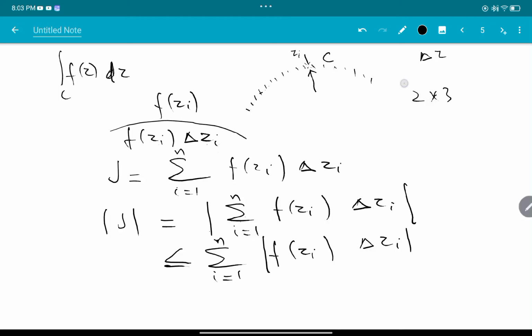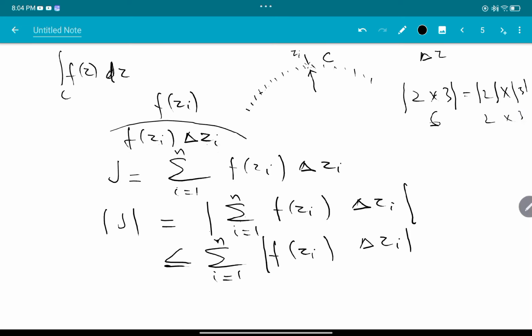Okay, now next, if you have a product of absolute values, suppose you have 2 into 3, the absolute value of the product is exactly equal to the product of the absolute values of the numbers which form the product. You can check here: 2 times 3 is 6, check here 2, check here 3, 2 times 3 is 6.